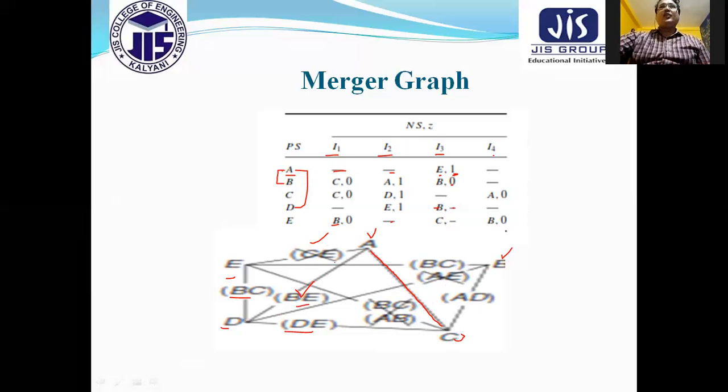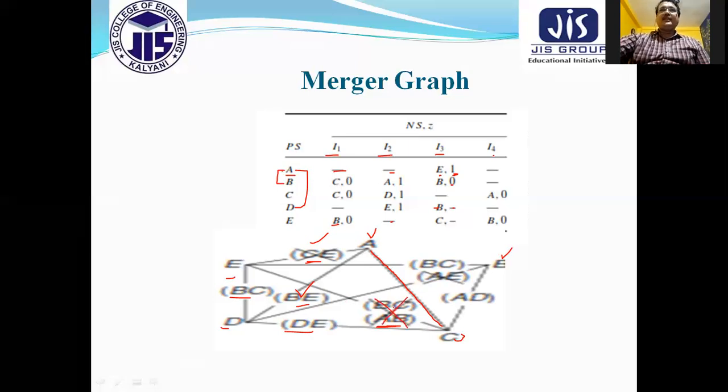Now you have to check whether any edge between C and E exists. We can see it exists there, but it is crossed here. So I can start from A and B. Does any edge between A and B exist here? First you can check: there is no edge between A and B. As I mentioned in the previous lecture, if these pairs are not compatible and there is an implied pair in the edges of two vertices, I can cross that one.